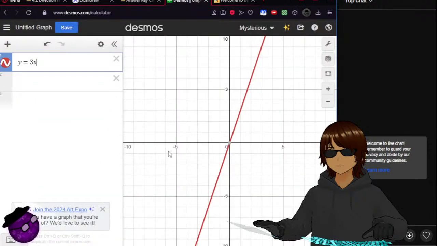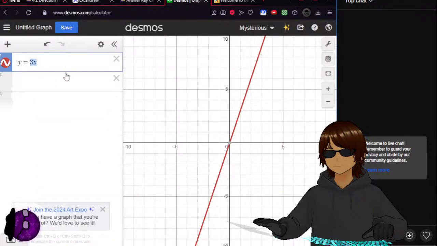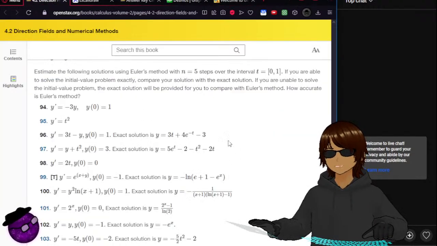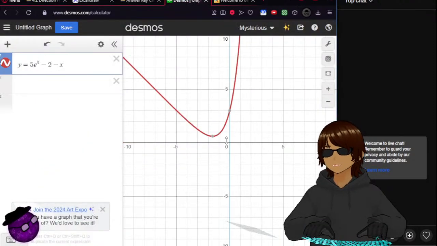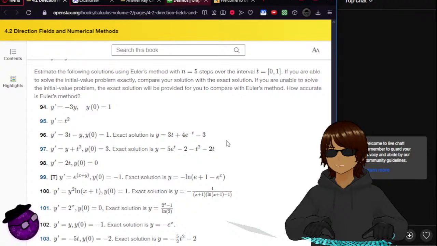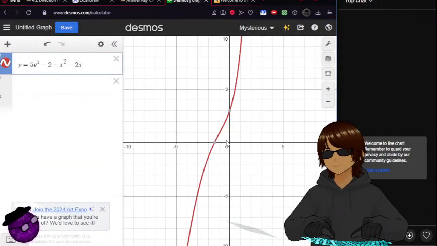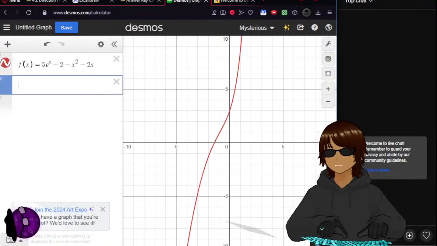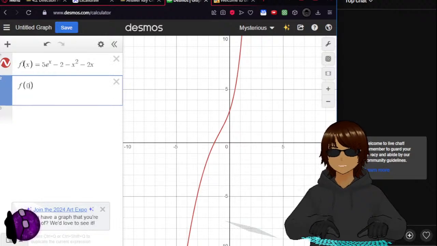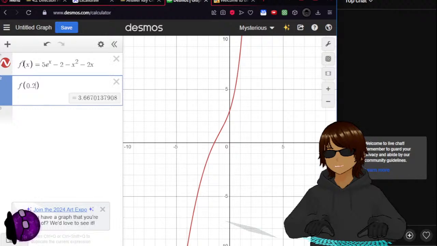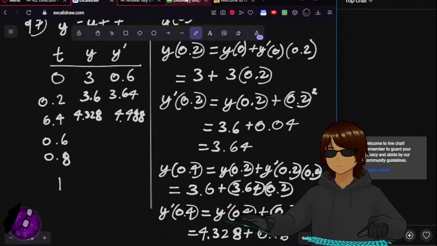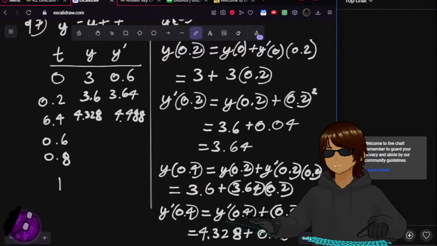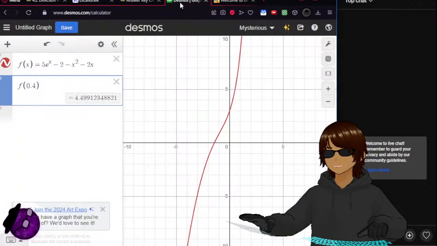Now y is equal to 5 e to the power of x minus 2 minus x squared minus 2x. So let's do this, f of x. f of 0 is 3, then 3.667, and then at 0.4, 4.499.